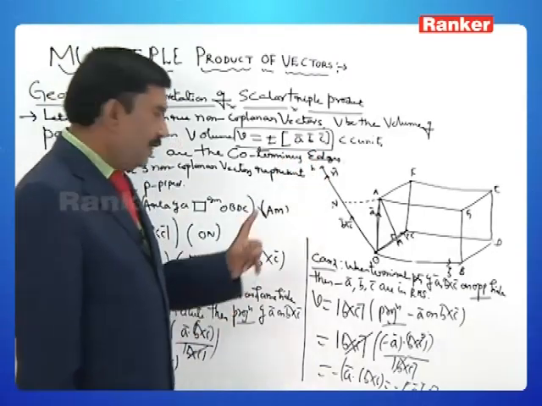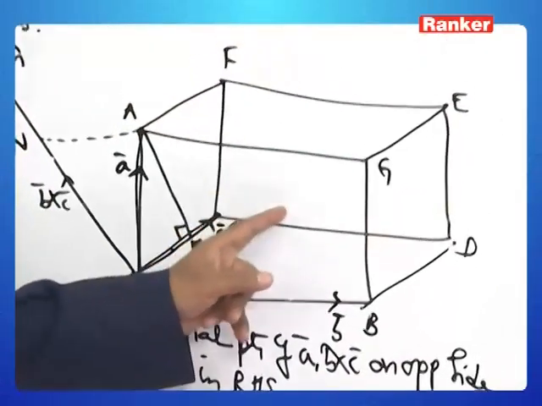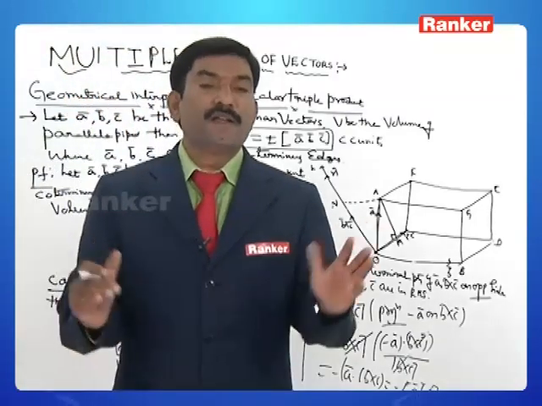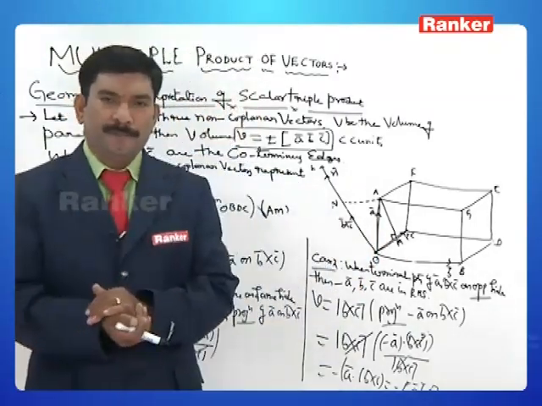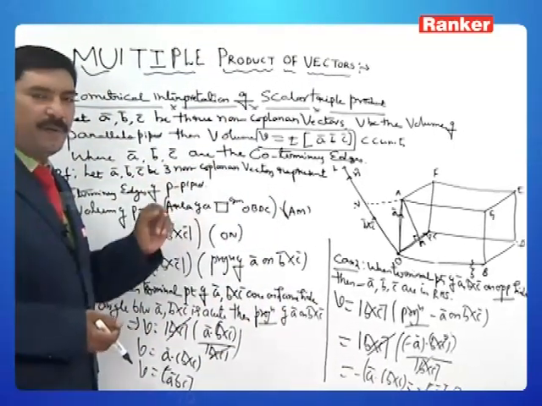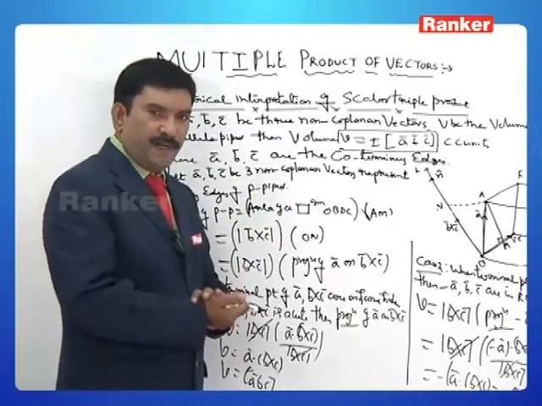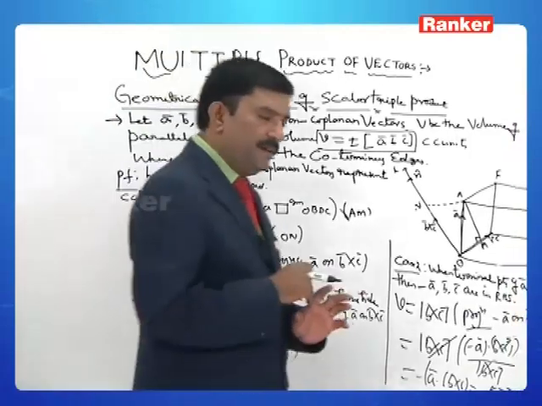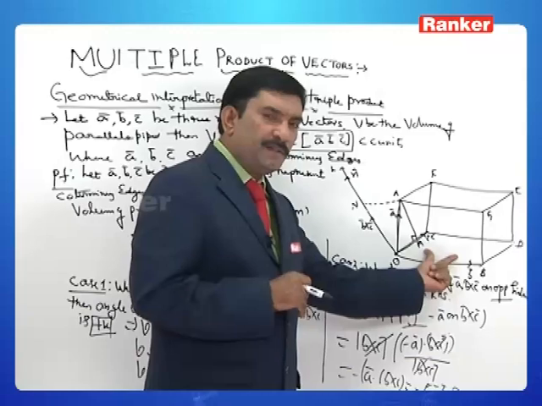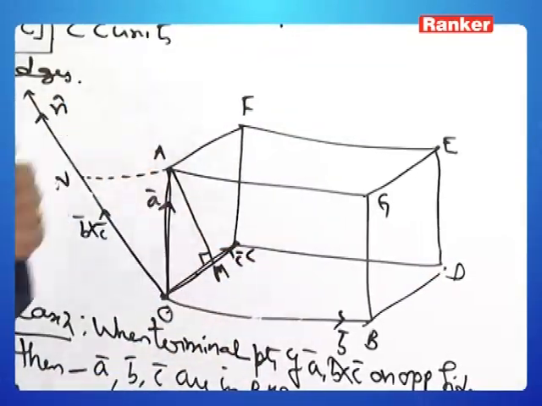Once again, you see, let A bar, B bar, C bar represent the coterminous edges of a parallelepiped and they are non-coplanar. So therefore, the volume of a parallelepiped is given by the area of a plane, this face, parallelogram, into height.